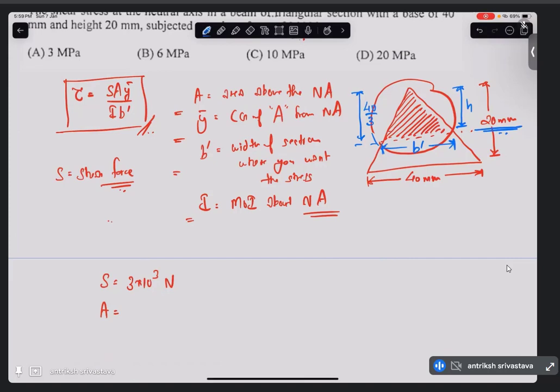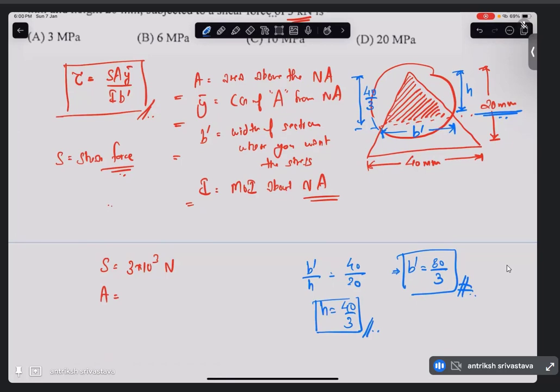Correct? And from similarity, B dash by h is going to be equal to 40 by 20. So B dash is 2 into h. So 2 into 40 by 3, it is 80 by 3. Correct? So now we know this. Can we calculate our area? 1 by 2 into 80 by 3, that is base, into 40 by 3, that is height.